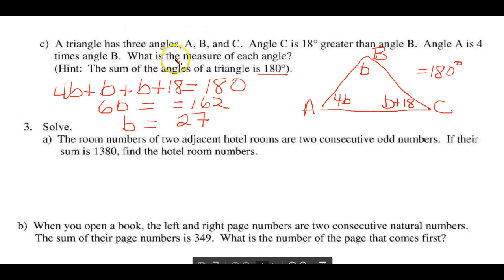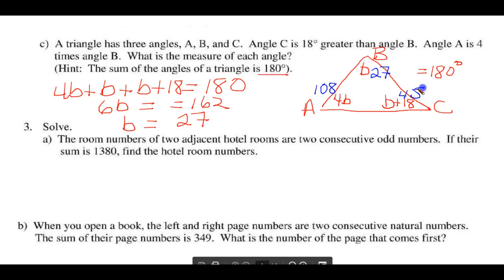Now, what is the measure of each angle? So here we have to put in what each angle is. B is 27. 4B is 108. And B plus 18 is 45.